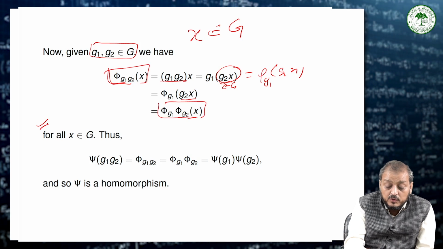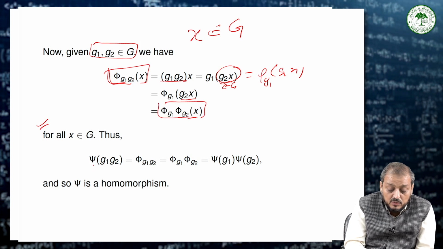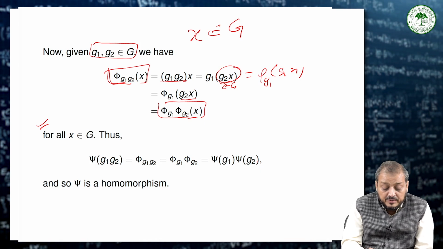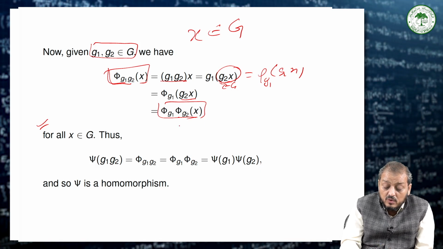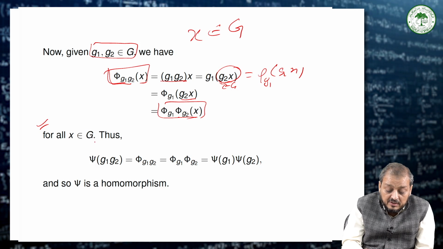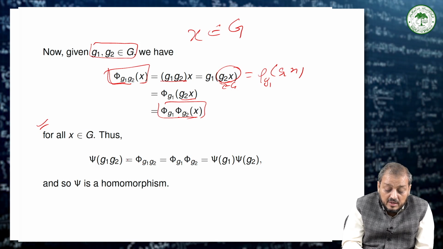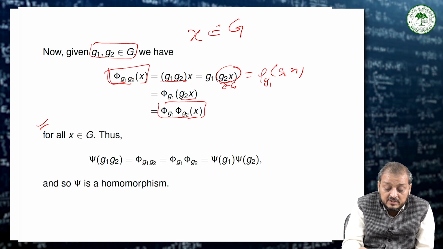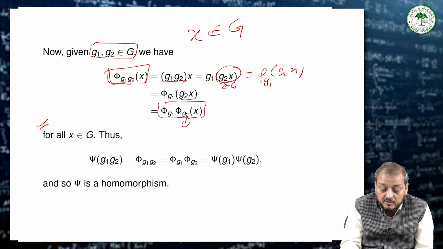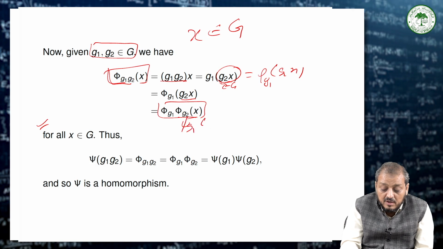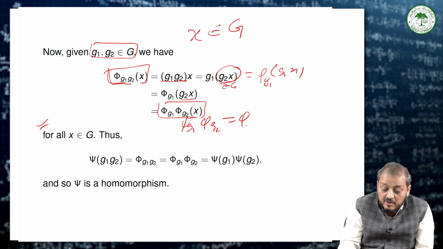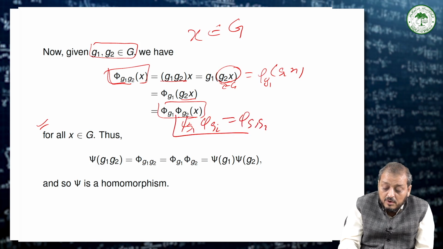Now we have to show that psi of g1 g2 is the same as psi of g1 psi of g2. So we take psi of g1 g2, and by the definition this is phi of g1 g2. We have to show that this is true for all x. So phi of g1 phi of g2 is the same as phi of g1 g2 for every x.